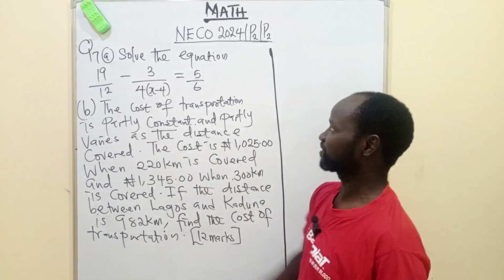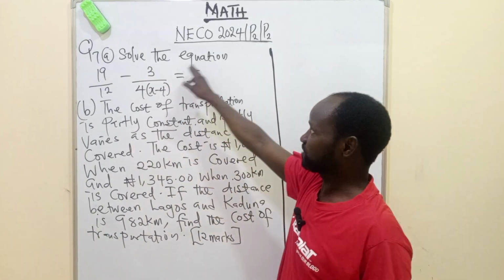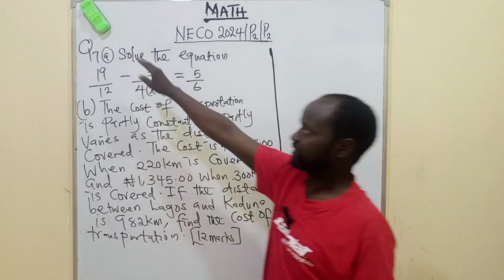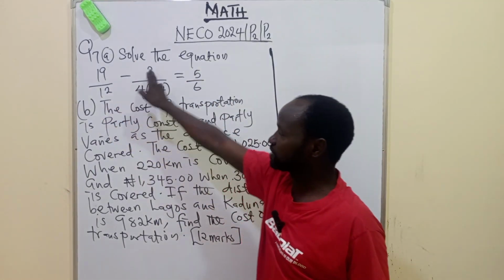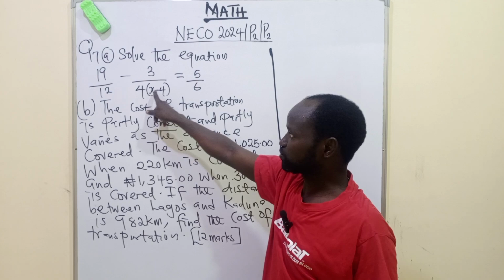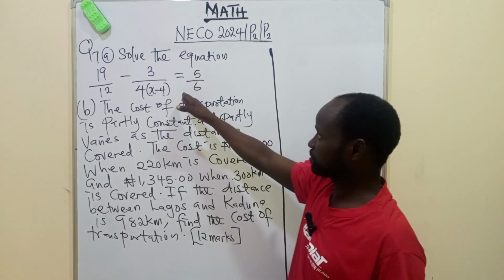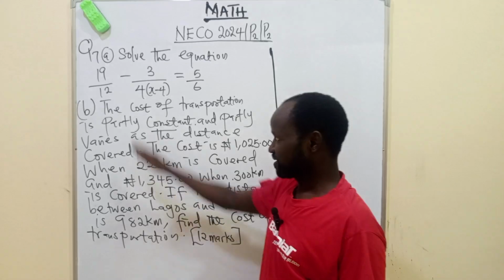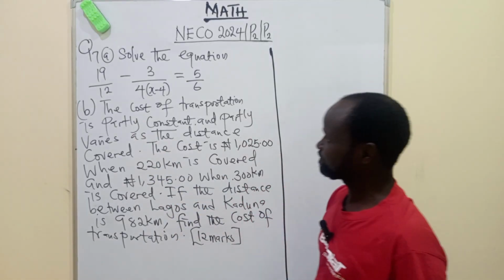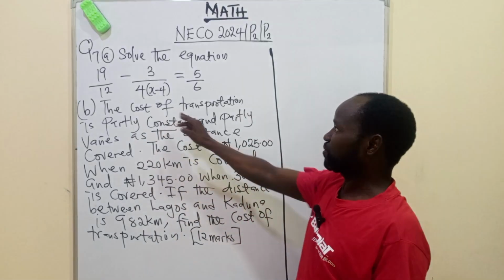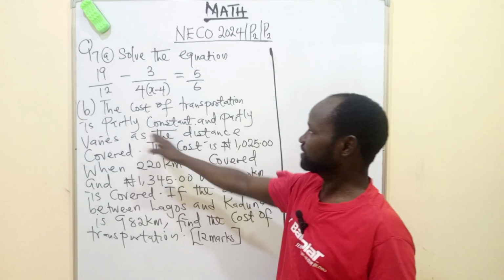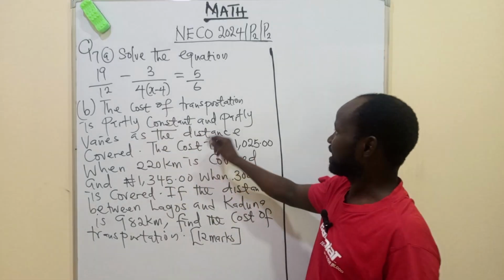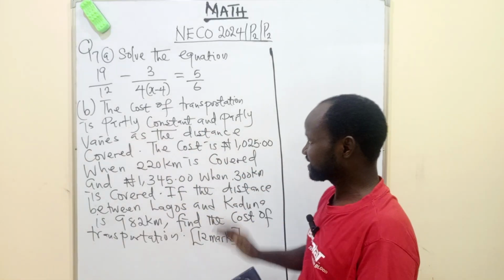Question 7a reads, solve the equation 19 upon 12 minus 3 upon 4 into x minus 4, bracket close, equal 5 upon 6. Question 7b reads, the cost of transportation is partly constant and partly varies as the distance covered.